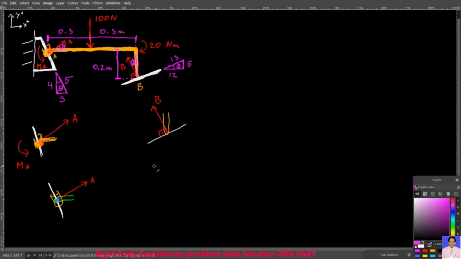And so now we can easily say that cosine theta equals 4/5, sine theta 3/5, cosine phi 12/13, sine phi 5/13. And now you can use all this to decompose your A and B vectors when you apply the rigid body equilibrium principle to this free body diagram.